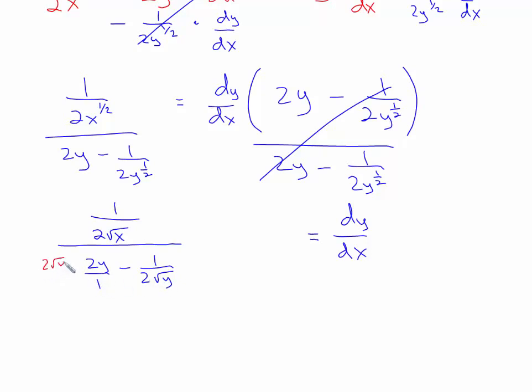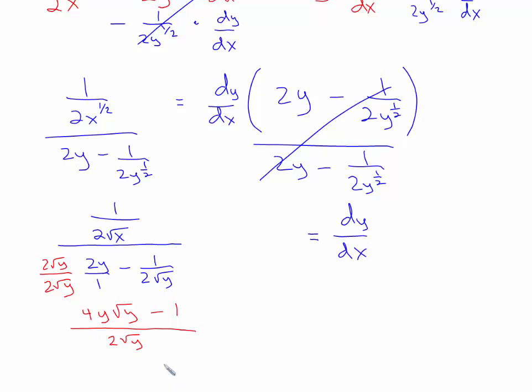So 2 square root y over 2 square root y. So then when I multiply, I'm going to end up with 2 times 2 is 4. So we get 4y square root y minus 1 all over our common denominator, 2 square root y.